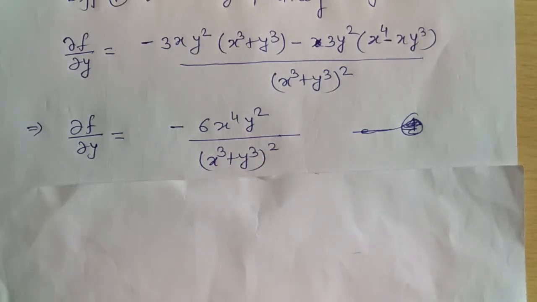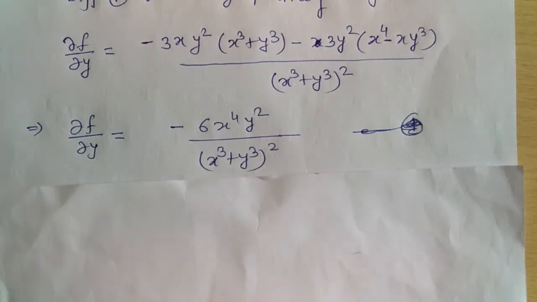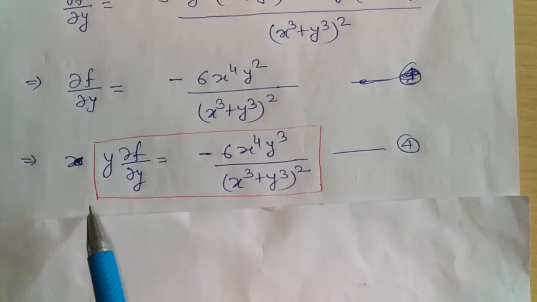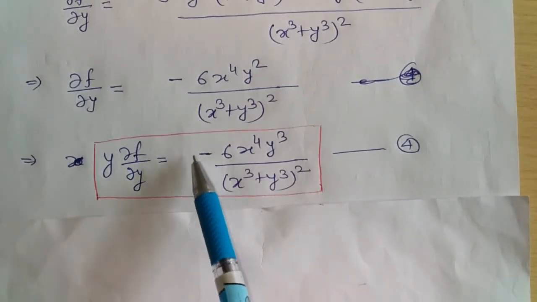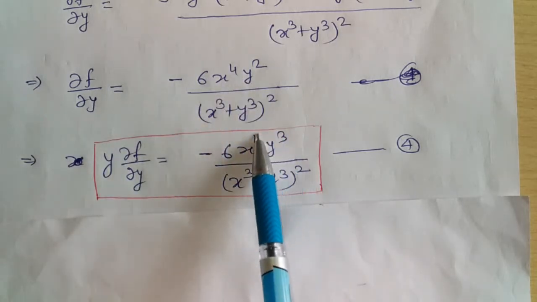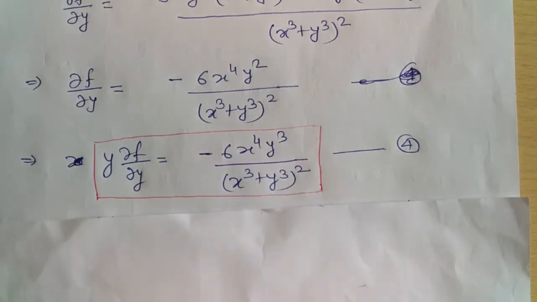So this is del f by del y. Now we multiply it by y, we get y del f by del y becomes minus 6x power 4 into y cube upon x cube plus y cube whole square.